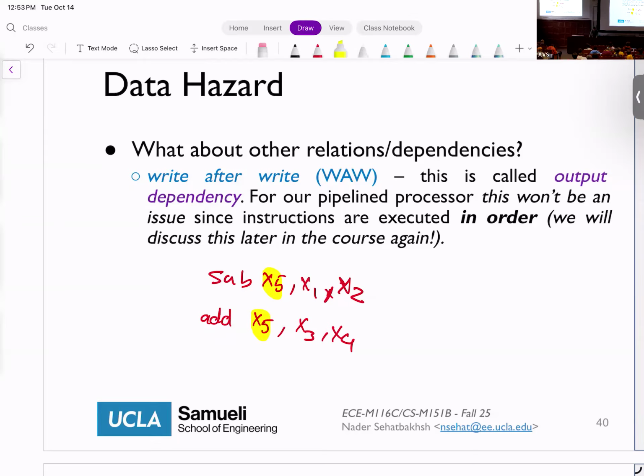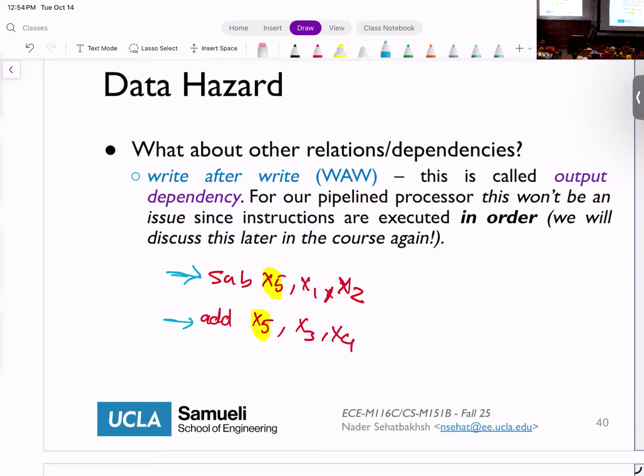What you want to happen is that you want this finished after this, right? Because this is the program order. This is what the software engineer intended to do. Luckily, since we are now only focusing on in-order processors, things are naturally happening in order. So this is not going to be moved around, and I'm not going to have output dependency as a hazard.